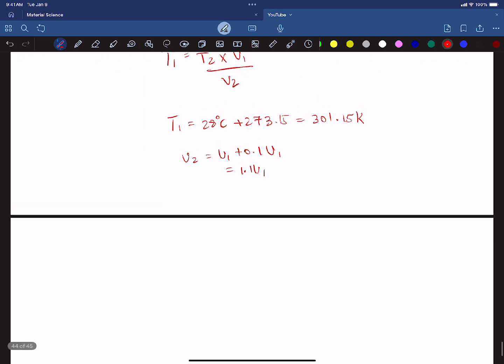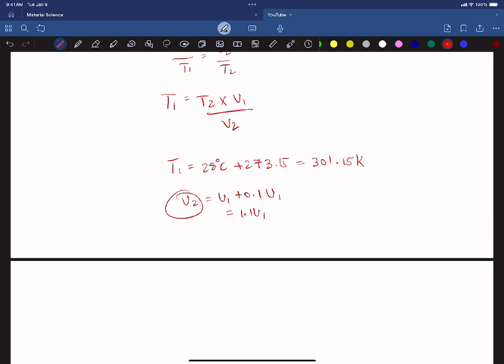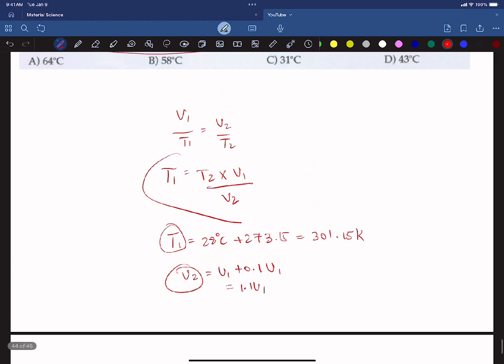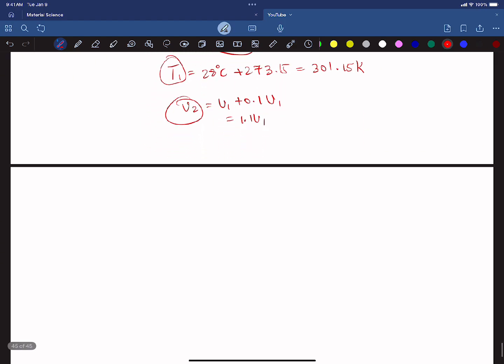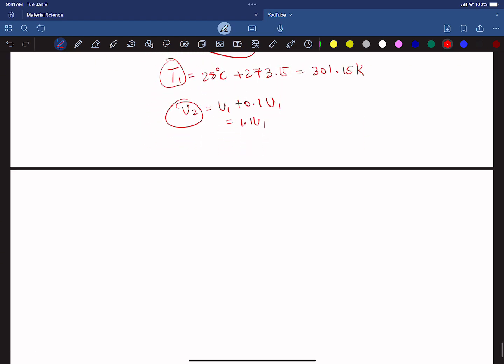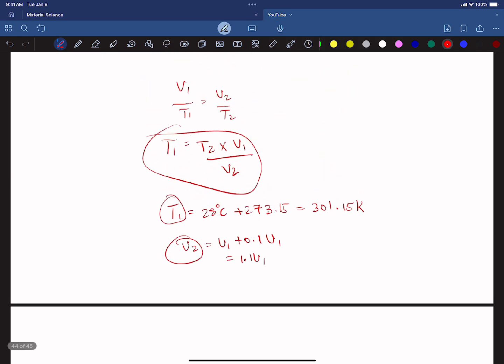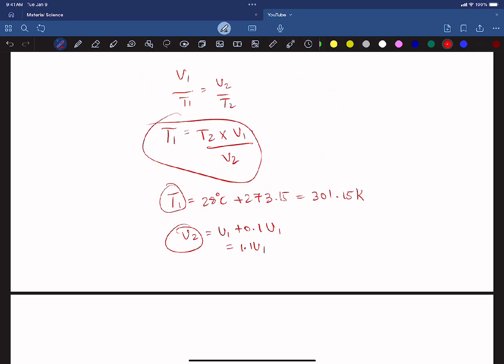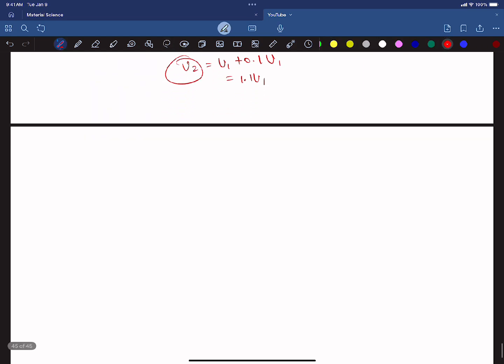Now let's substitute all of this in our above equation. V1 upon T1 is equal to V2 upon T2.